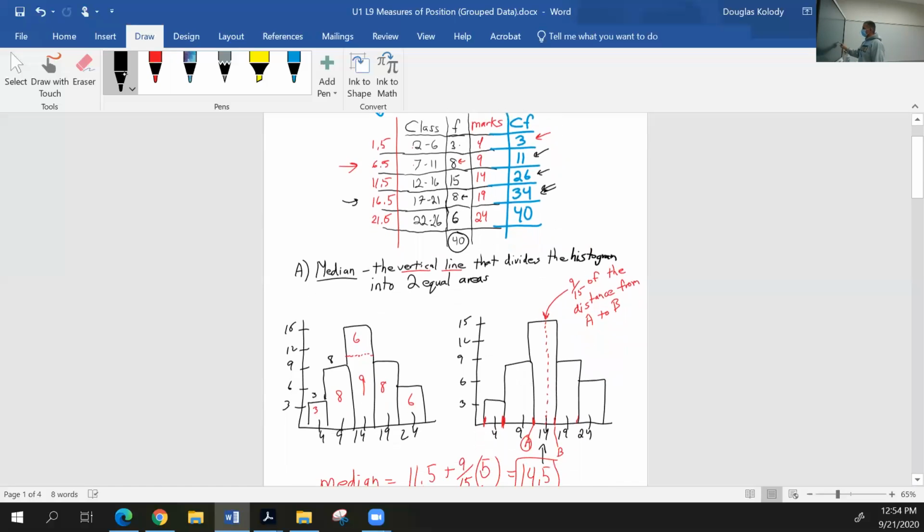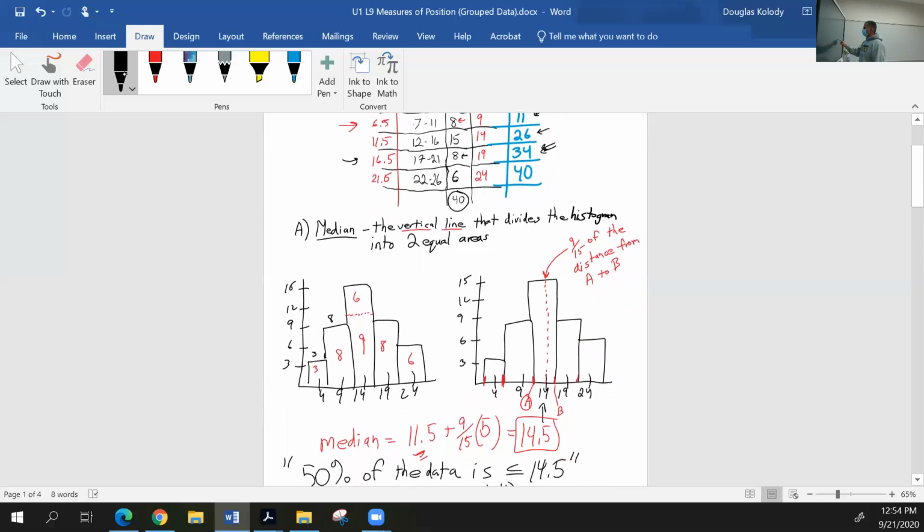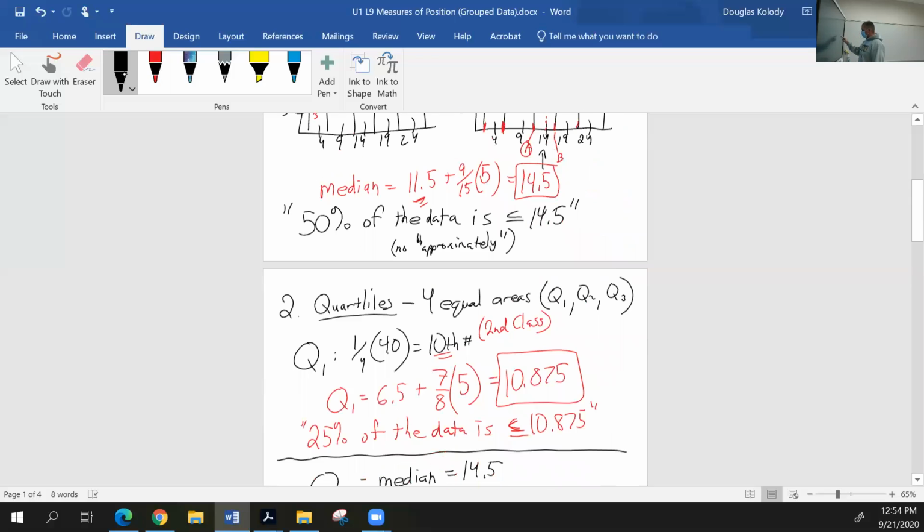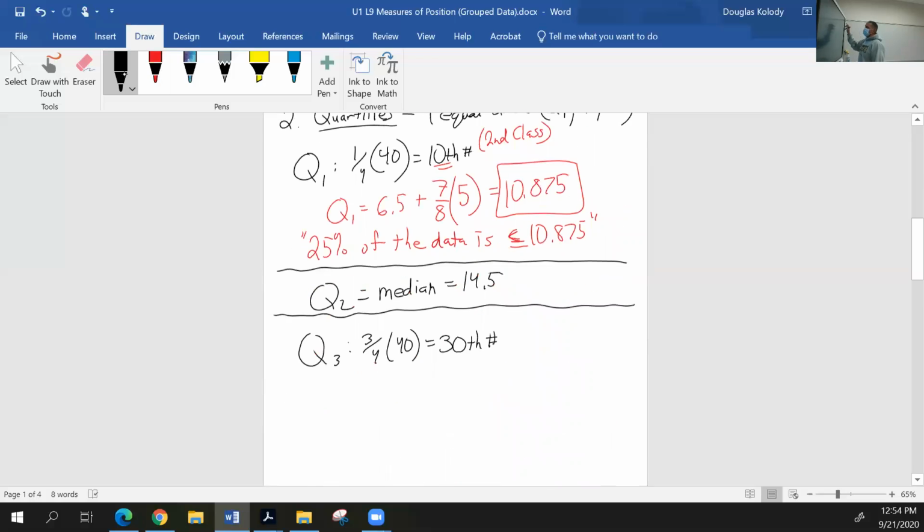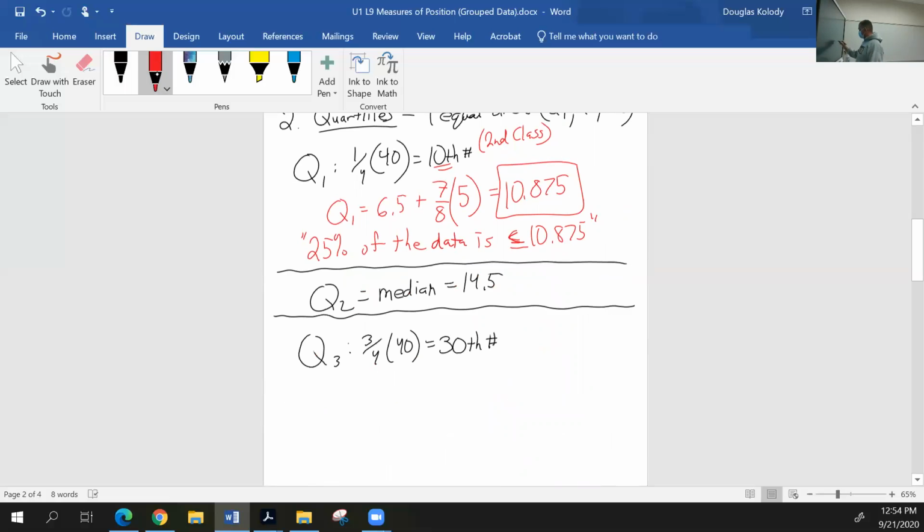Okay? So, with that being said, I'm going to make a note of this right here. The 30th number is hiding somewhere within the 4th class. And so to find Q3, I'm going to start with the lower boundary of the 4th class, which is 16.5, and I'm going to add a fraction. There were 8 numbers in the 4th class.